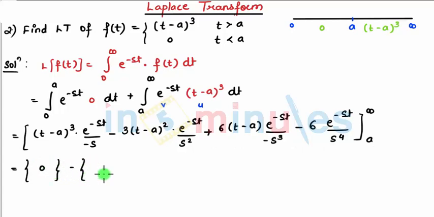When you put the lower limit a, t minus a becomes 0, and you only get the last term, that is minus 6 divided by s raised to 4 e raised to minus as. So minus and minus becomes plus, which gives the final answer 6 divided by s raised to 4 e raised to minus as.